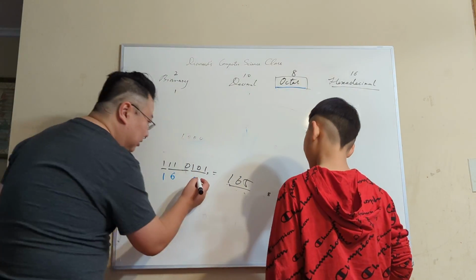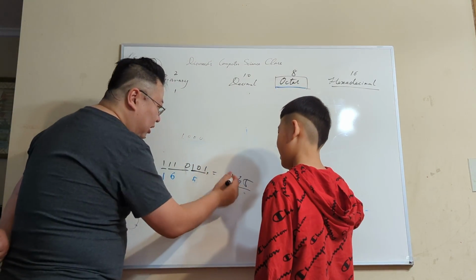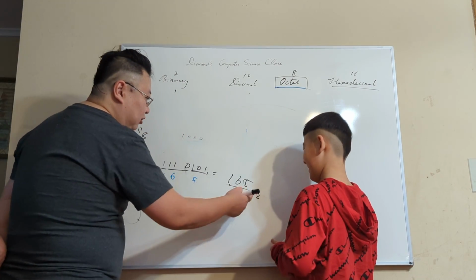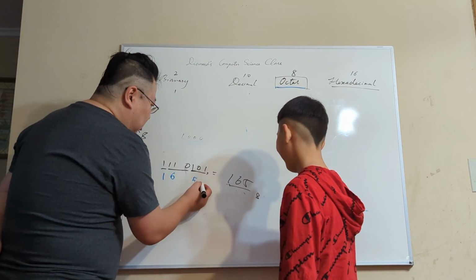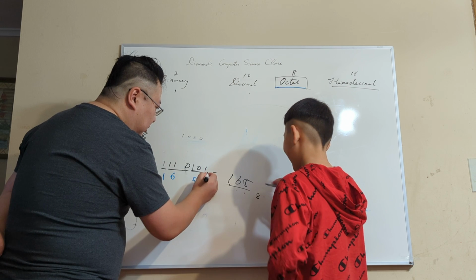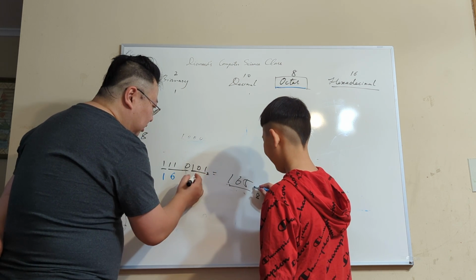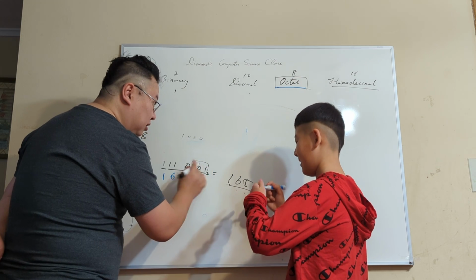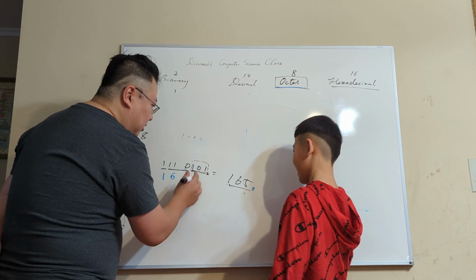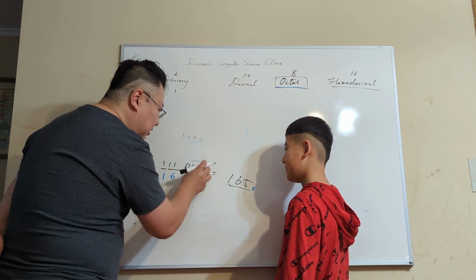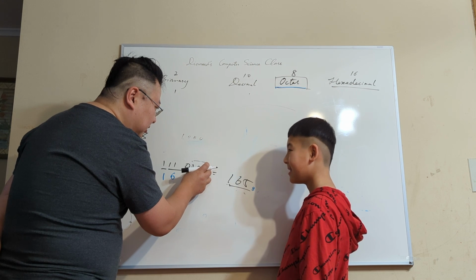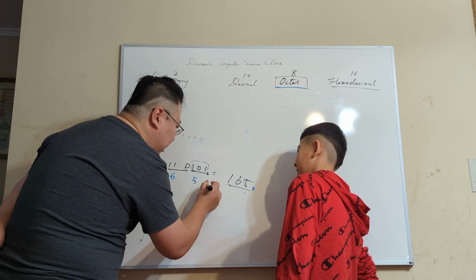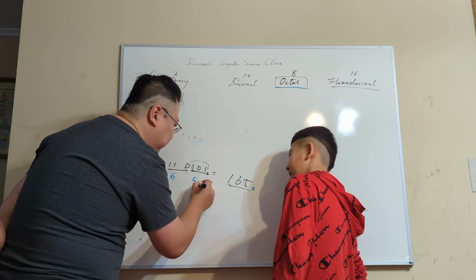Let me explain it. Because here, listen. This means I grouped the 3 digits, the lower 3 digits. These 3 are based upon 8 to the power of 0.